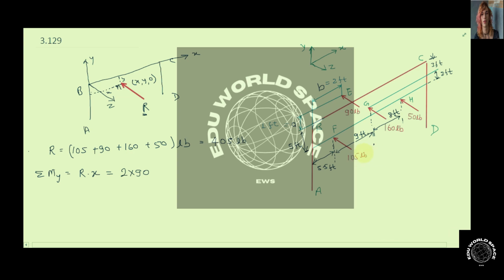This 105 pound force will have a distance of 5.5 feet from the y-axis, so its moment will be plus 105 multiplied by 5.5. This 160 pound force will have a distance of 5.5 plus 9 feet, so we can write its moment as force multiplied by perpendicular distance, that is 9 plus 5.5, which will be 14.5.